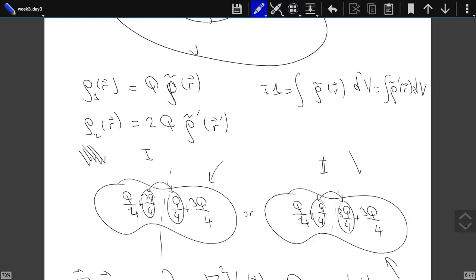What determines whether 1/4 goes to one side or some other fraction is not really the charge that you are putting in. What determines how the charge is distributed is nothing but the shape of the conductors, and how they are situated relative to each other.